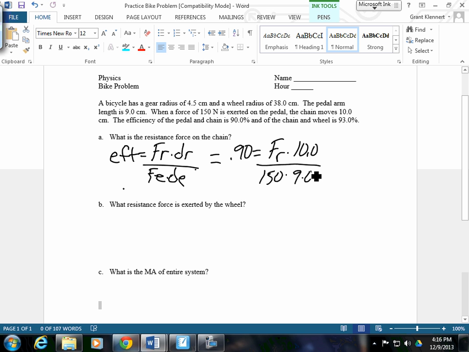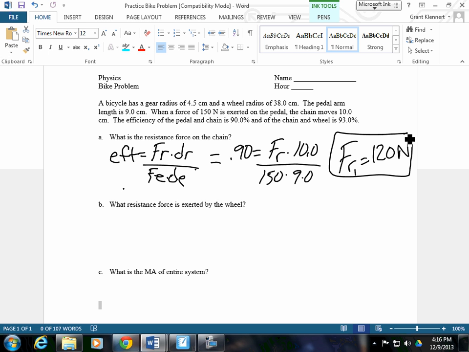When you solve for that, FR1 is 120 newtons. That also tells us that FE2, the force of effort in our chain and wheel combo, is also 120 newtons.